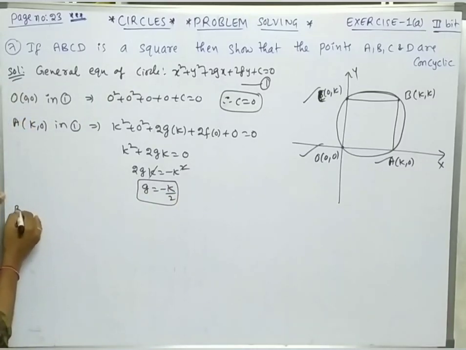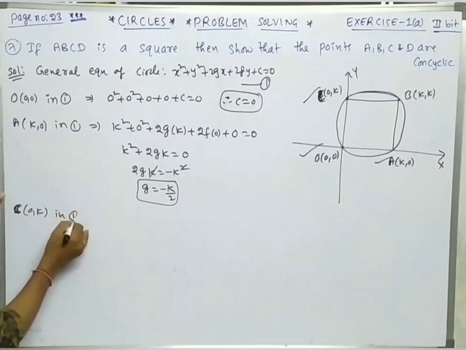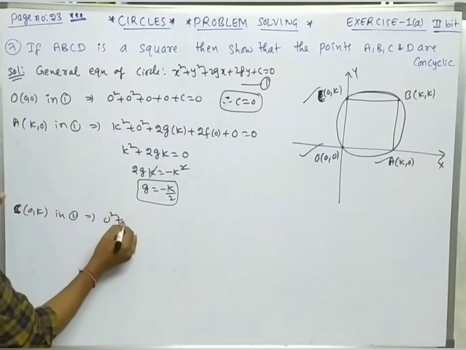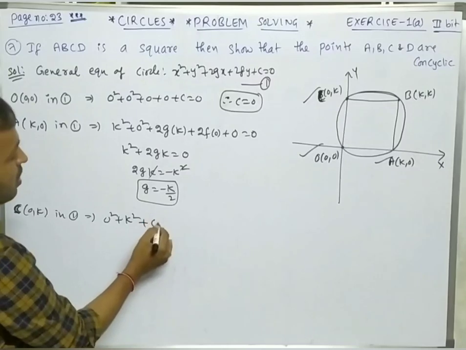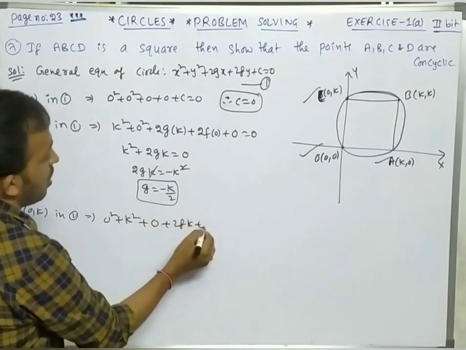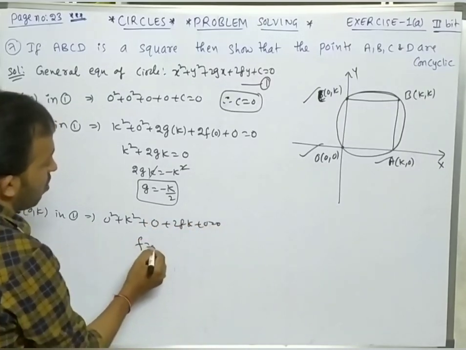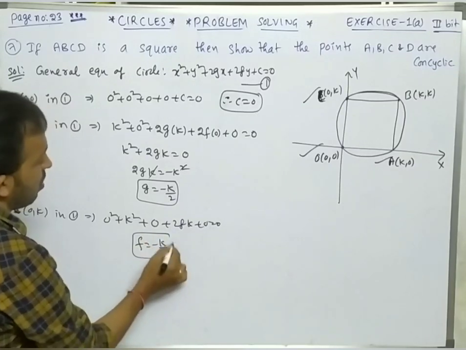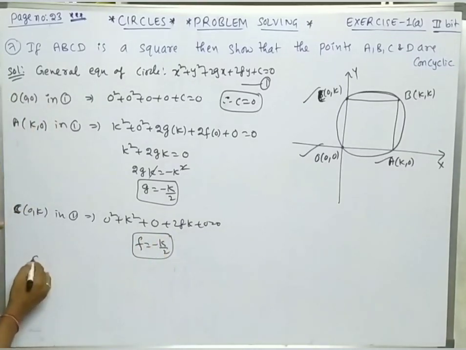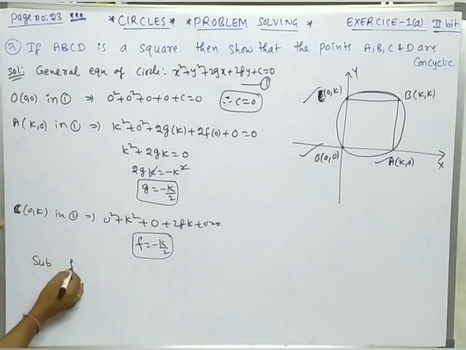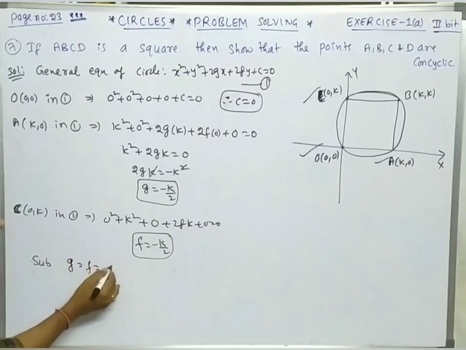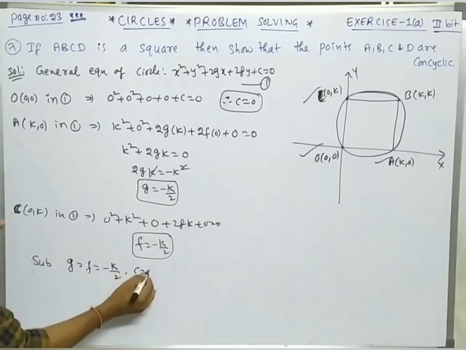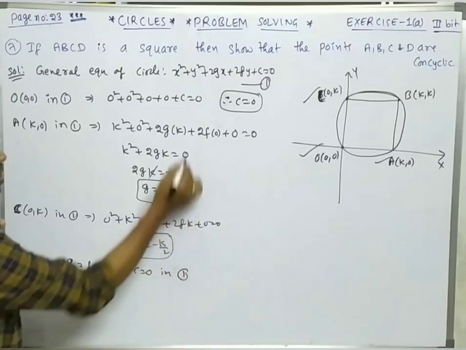So next substitute 0 comma k in 1. Similarly, we get f is equal to minus k by 2. So now substitute g, f, c values in 1.